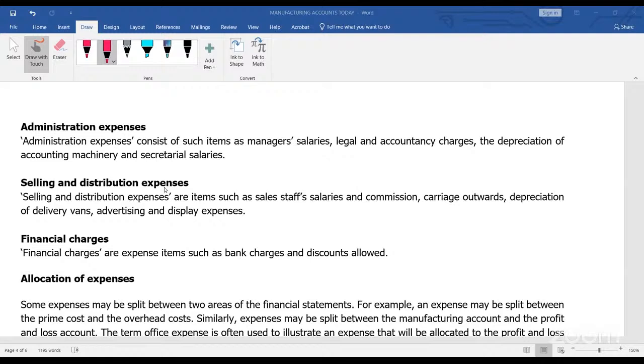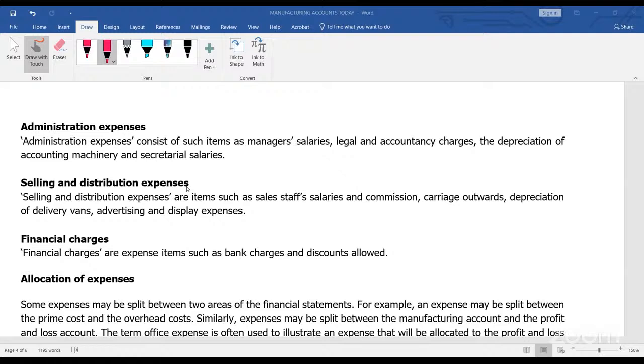Selling and distribution expenses, all costs incurred related to the distribution, the selling of goods, they fall under selling and distribution expenses. For example, the sales staff salaries, commission, carriage outwards, depreciation of delivery vans, advertising and display expenses.